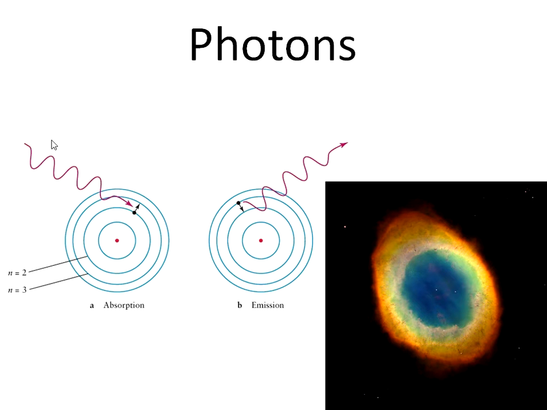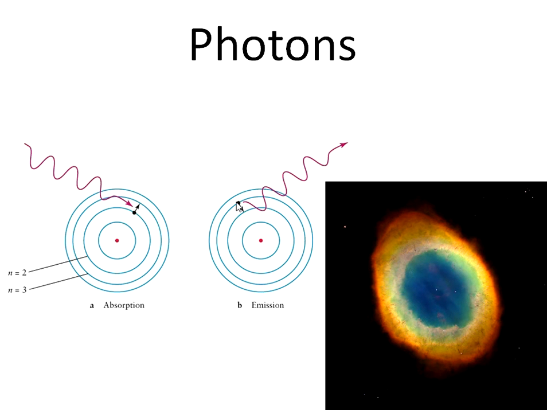And what happens when light and atoms interact with each other is that if the photon of light is going to be absorbed by the atom, then the electron in the atom can absorb the energy of that photon of light, and it uses that energy to help it transition from a lower energy state to a high energy state.